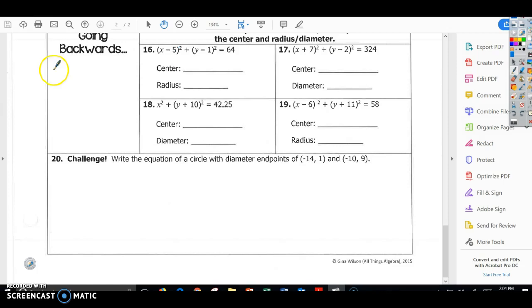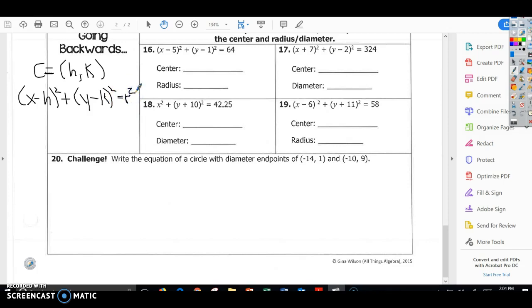You know that the center is your h and k, and in the equation you've got x minus h squared plus y minus k squared equals r squared, and you can write it or you can read it.